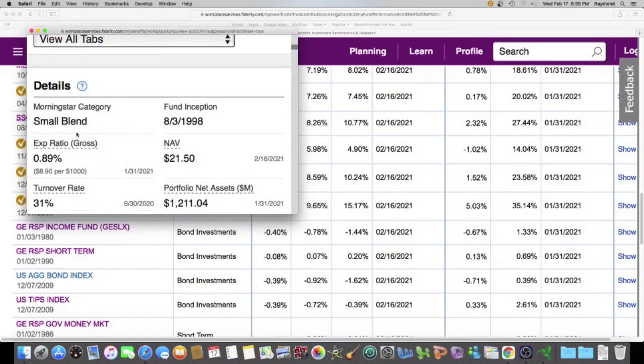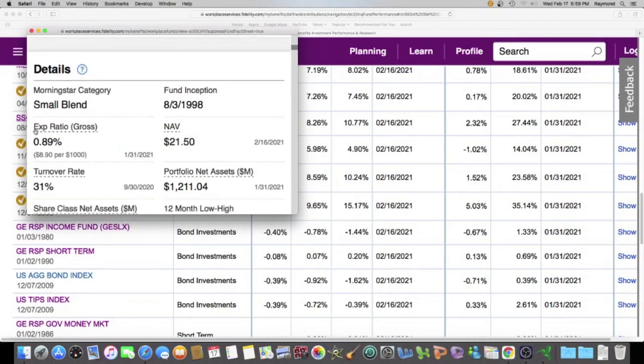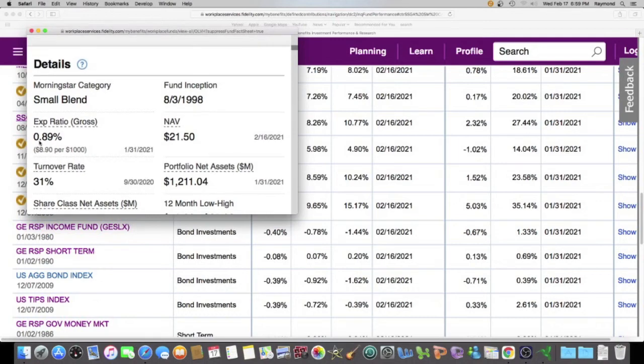The main reason I didn't pick this small blend fund and I picked the other small blend fund is the expense ratio gross. This is a fee. And look at this. This is 0.89%. And this says $8.90 per $1,000 you have invested in this fund.